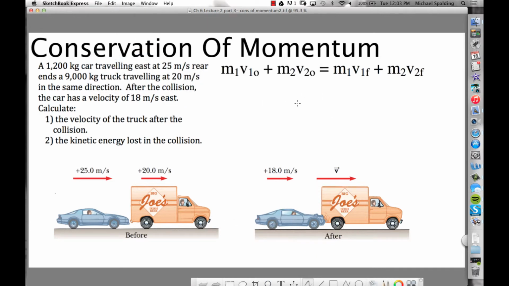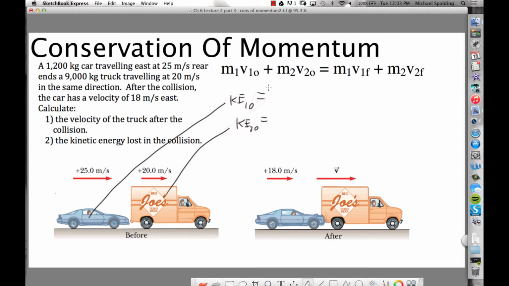So here's how you calculate it. If you're going to find out how much you lost of something, you got to know two things. How much did you start with, and how much did you end with? So before the collision, we have two kinetic energies. We have kinetic 1 initial, and kinetic 2 initial. The car has kinetic energy, and the truck has kinetic energy.